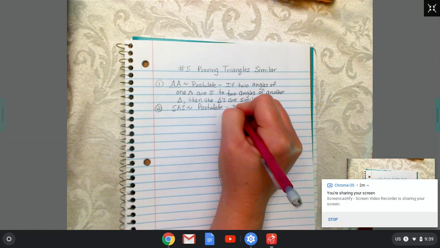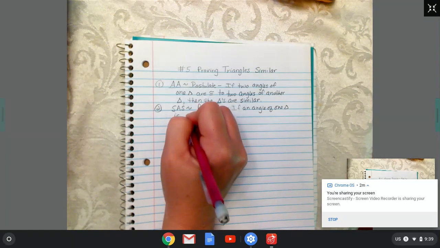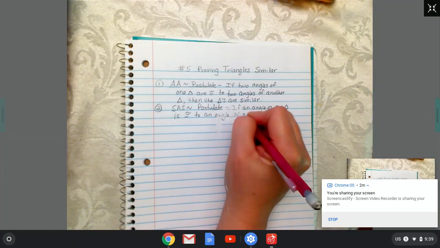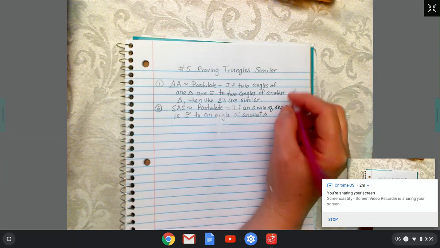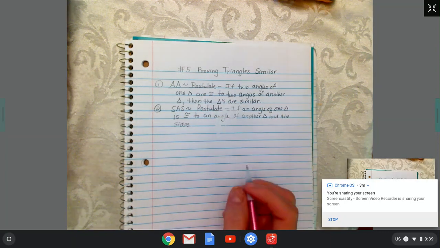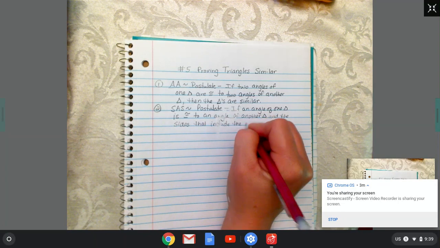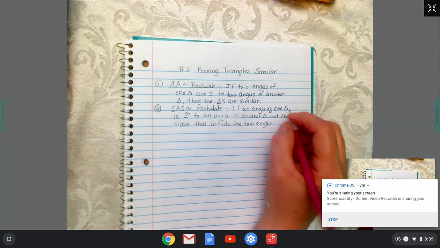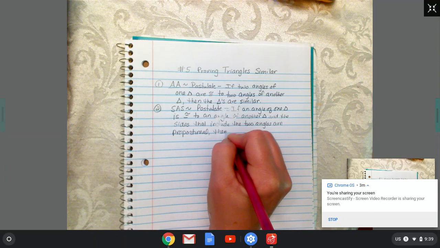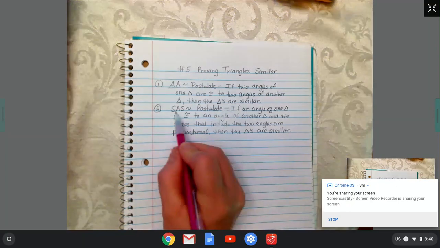This states if an angle of one triangle is congruent to an angle of another triangle, and the sides, the two sides that include the angle, are proportional, then the triangles are similar.